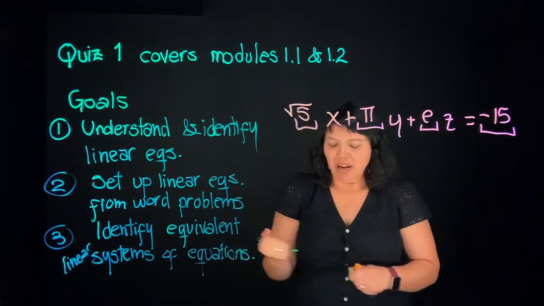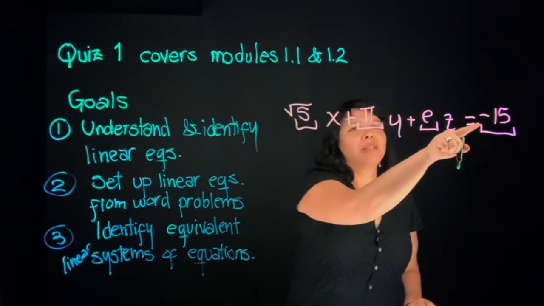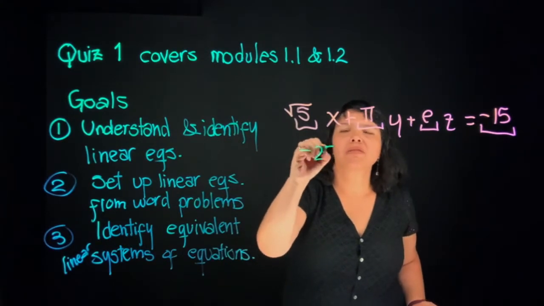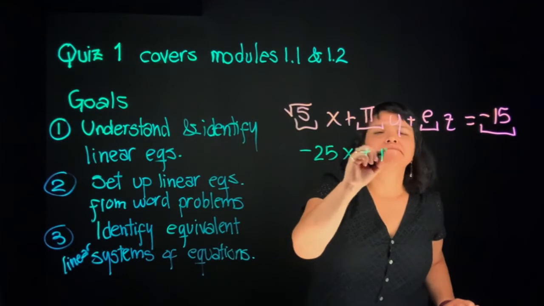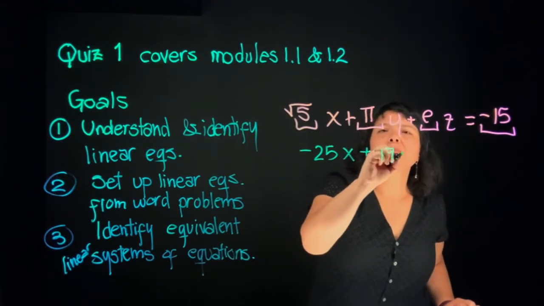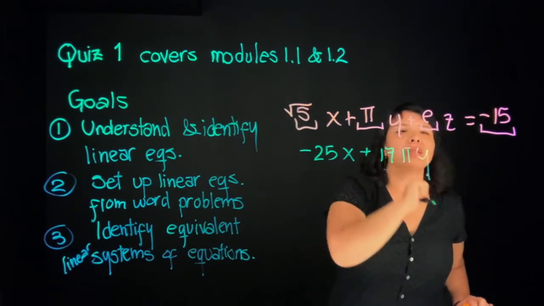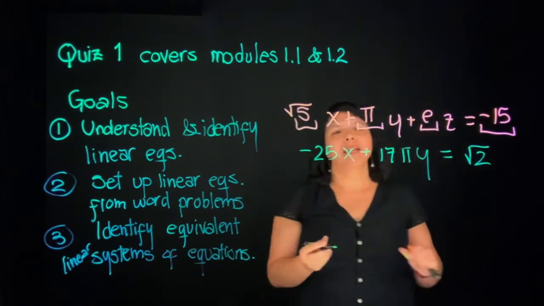Let me give you another typical equation. So if it's not in this form, it could have, for example, negative 25x plus 17 pi times y plus 0x equals square root of 2. That's another one.